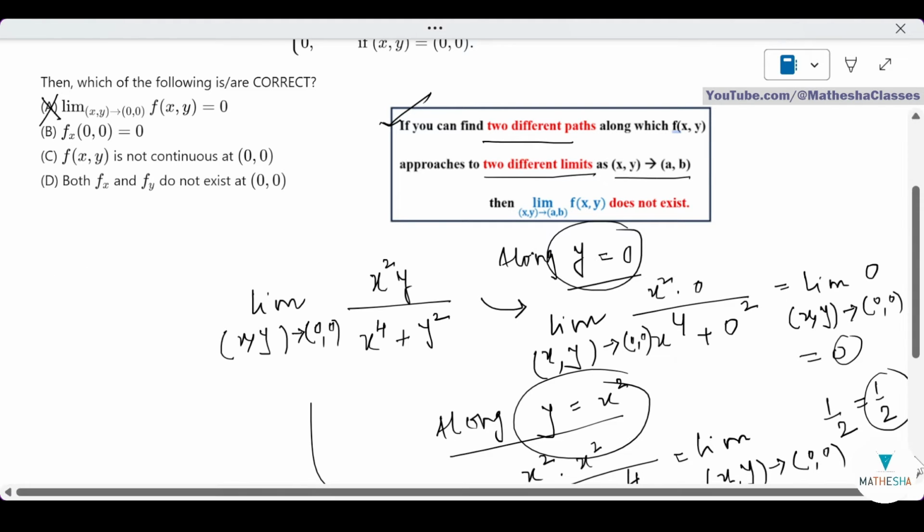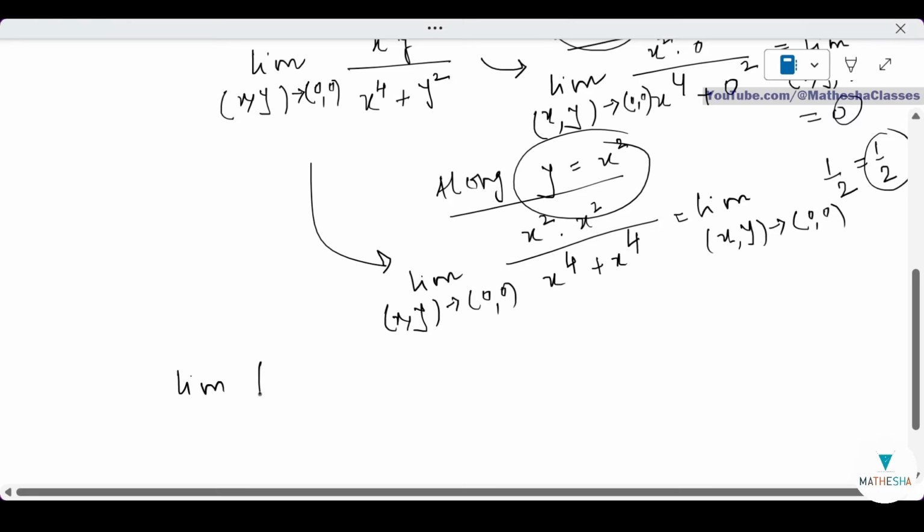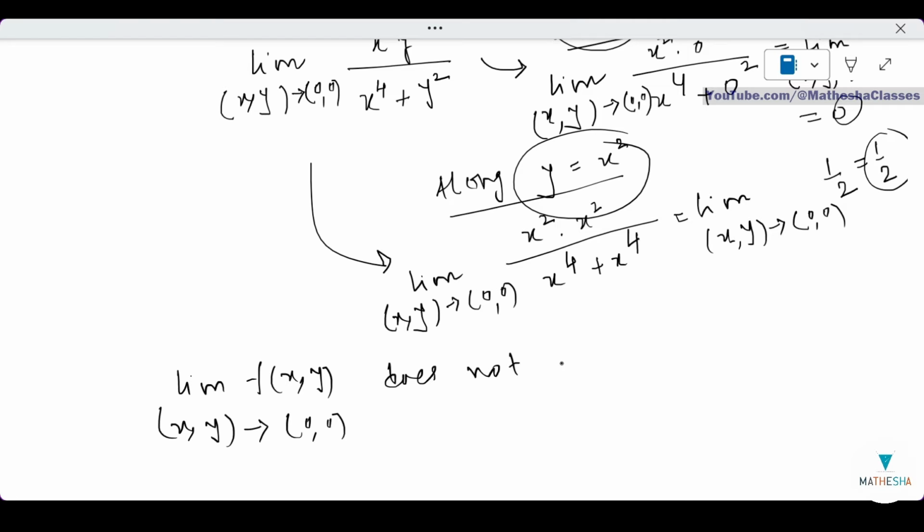Now recall one thing, that limit of f(x,y) as (x,y) tends to (0,0) does not exist, मतलब f is not continuous at (0,0). क्यों?